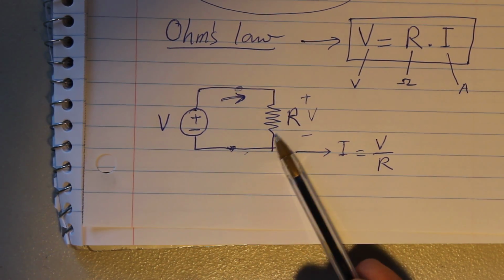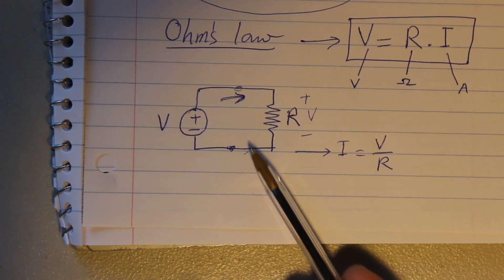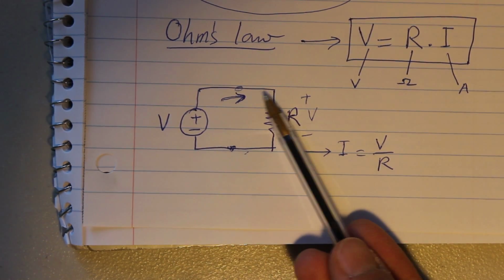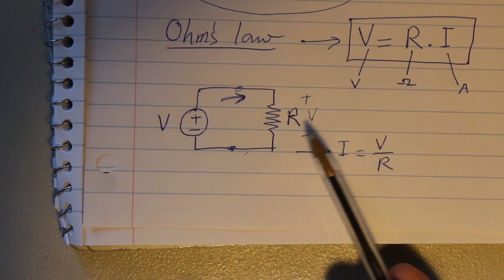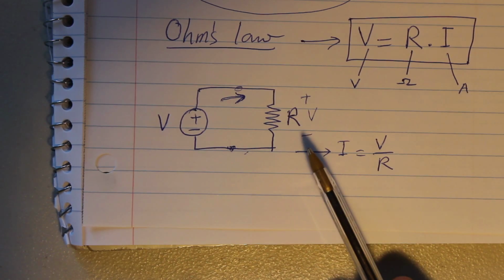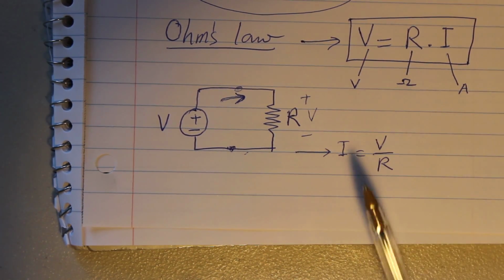We're just extending our wires, which we assume don't have any resistance, and the voltage across R is equal to Ri based on Ohm's law.